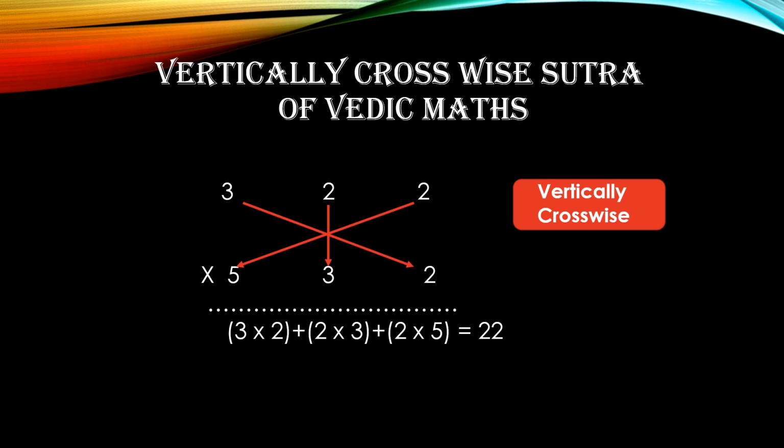Then we multiply this 3-digit multiplication using vertically crosswise, that is, 100 place digit with unit place digit and tens place digit of first number with tens place digit of second number and unit place digit of first number, multiply unit place digit of first number with 100 place digit of second number.